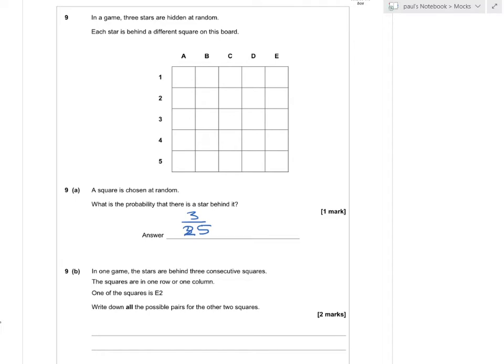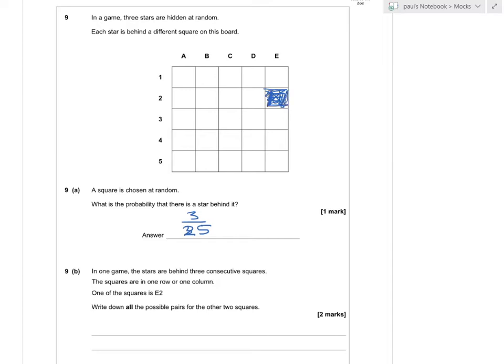In one game, the stars are behind 3 consecutive squares. The squares are in a row or a column. One of the squares is E2. Now write down all the possible pairs of the other 2 squares. So we know we've got this one, colour that in.